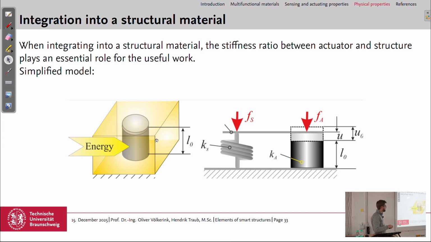And a model for this is the model we already used for the transducer, for the multifunctional material, with its spring stiffness Ka. And now we have, in addition, a spring for the structure with the spring stiffness Ks, and they are connected so that they have the same displacement overall. And we have force Fa acting on the actuator and the force Fs acting on the structure.